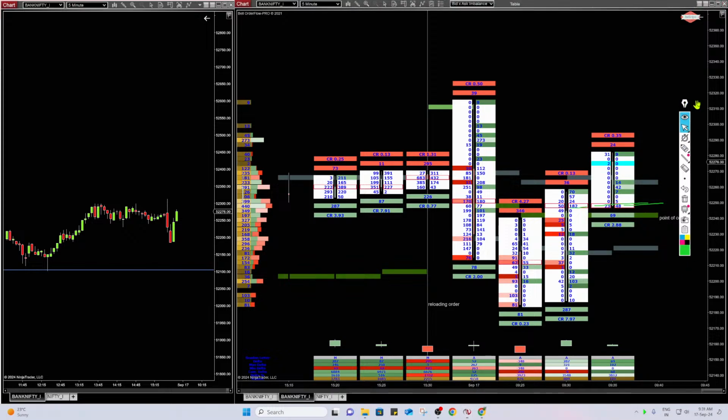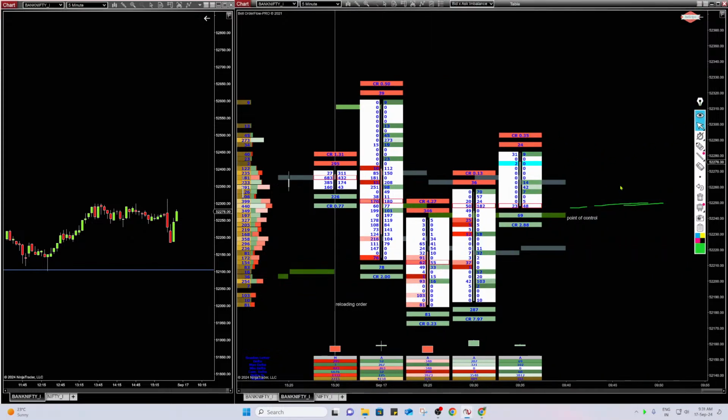Point of control is very important. So look at the point of control, and the particular candle should close above the point of control.